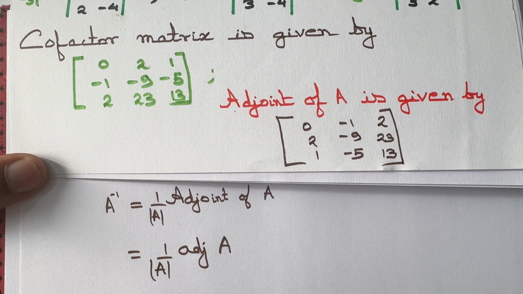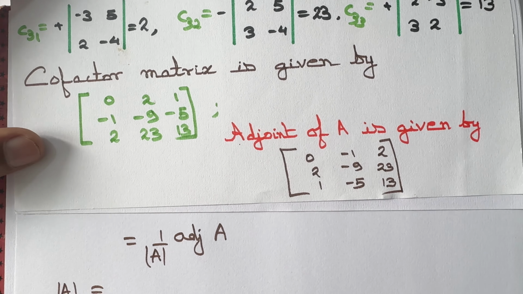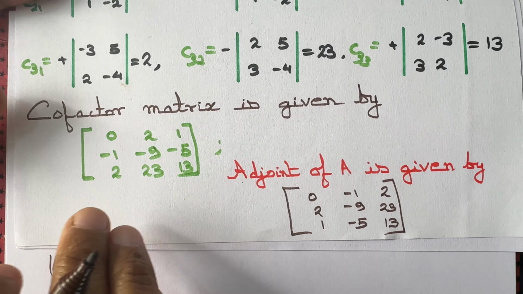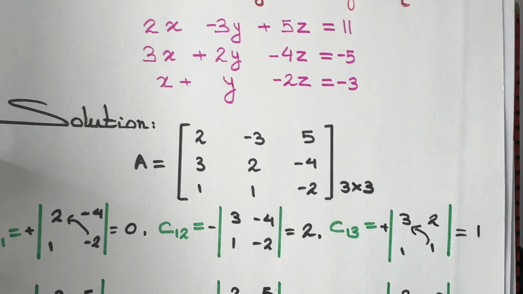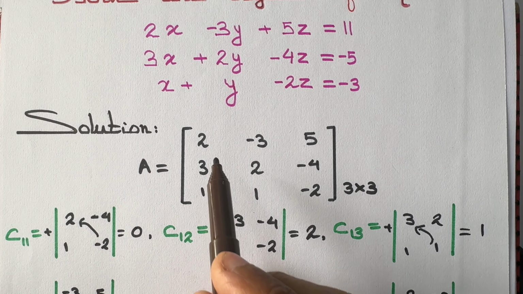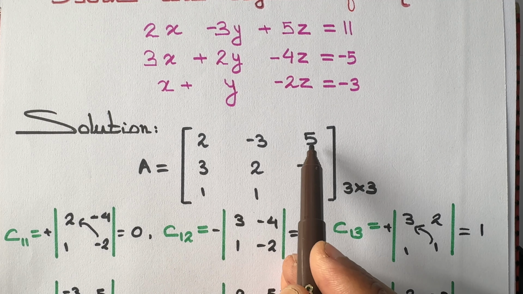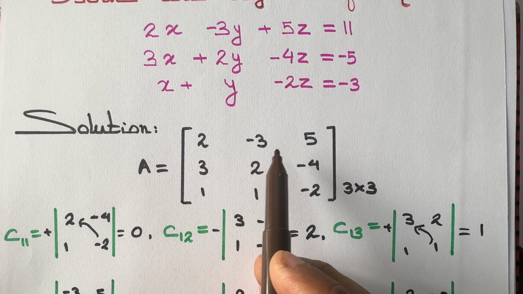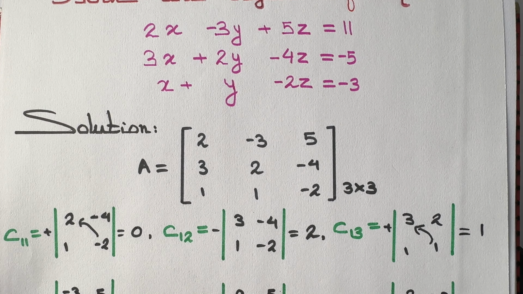Determinant of A can simply be determined from the cofactors. Determinant of A can be determined using the first row and cofactors of the first row. 2, minus 3, 5, that's the element of the first row.